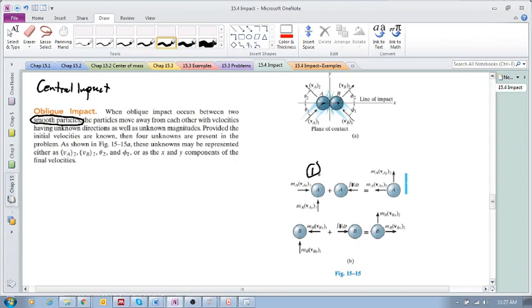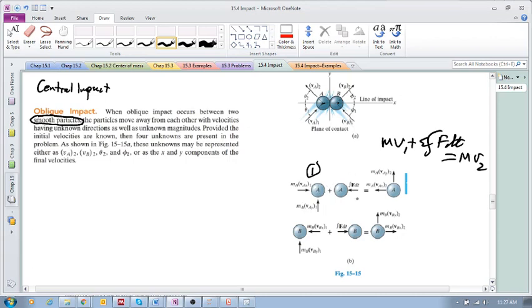Then, remember, mv1 plus the sum of the impulses is mv2. That is linear impulse and momentum. We're just considering a single particle, so it has an initial momentum in the X and the Y.